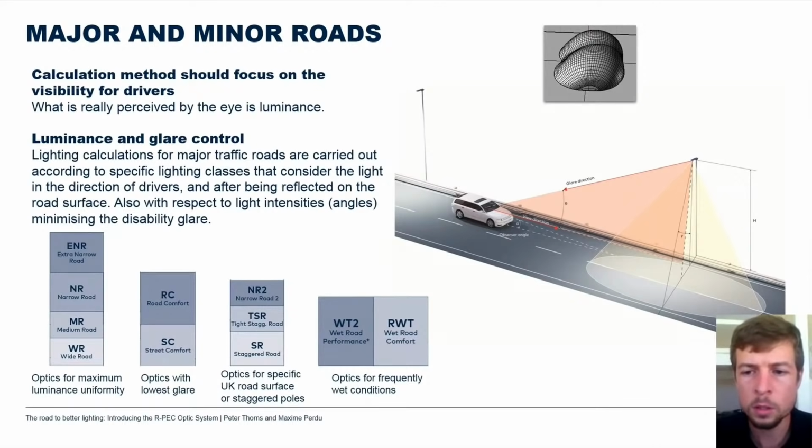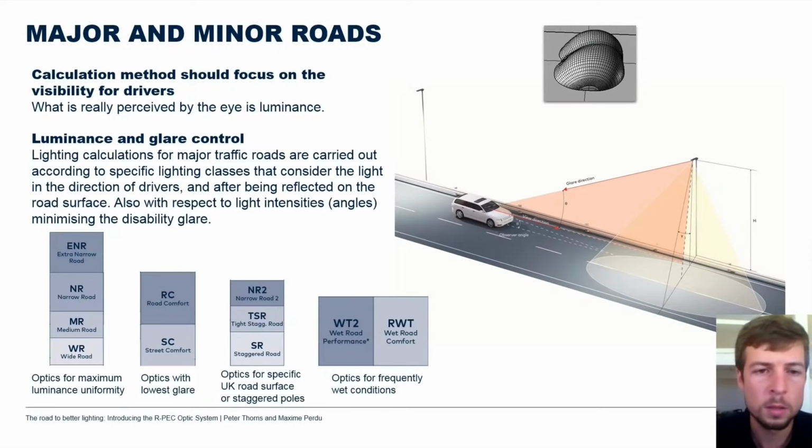On such traffic roads, the safest way to light the street is to consider the luminance, because that is what is really perceived by a person. When we design a lighting scenario or an optical part, we have to keep in mind that luminance is what is perceived by the eye, so we have to take the observer's position compared to the lighting system into account.